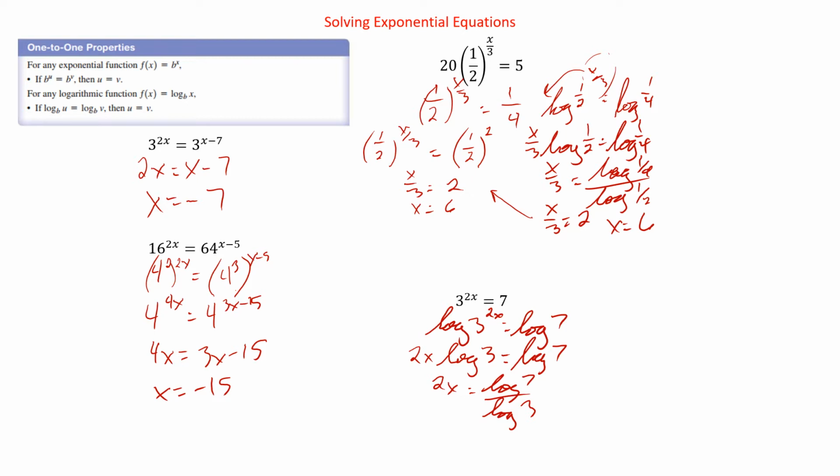So when you're doing this, use a calculator. I would go log 7, enter, you get about 0.845, blah, blah, blah. And then the next button I would push, divide by, then log 3 to get 1.77124. So 2x is going to be 1.77124.